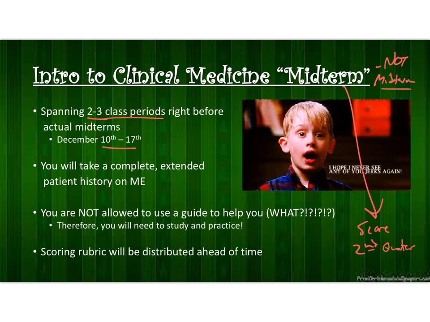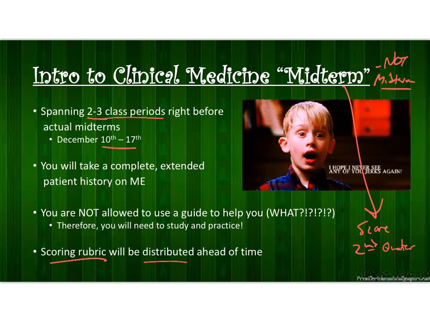Now, you can go ahead and look on Schoology now. You'll see the scoring rubric for that. You'll also see that cheat sheet that summarizes a bunch of the questions for you. And you'll also see a questions guide that I'll be having in front of me as we talk.